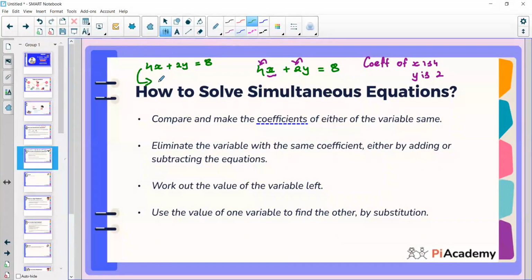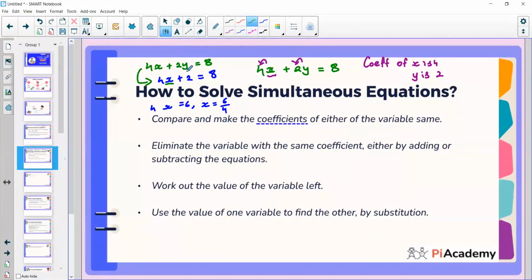But if I have some equation like 4x plus 2 equals 8, in this case, I would be able to work out the value of x, which is, so 4x would be 8 minus 2, which is 6, giving me the value of x as 6 by 4. The reason I was able to work out the value of x was because the equation just had one variable. It has just one variable x. So I was able to easily work out the value of x.